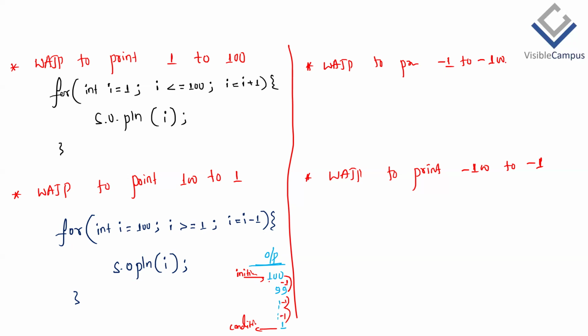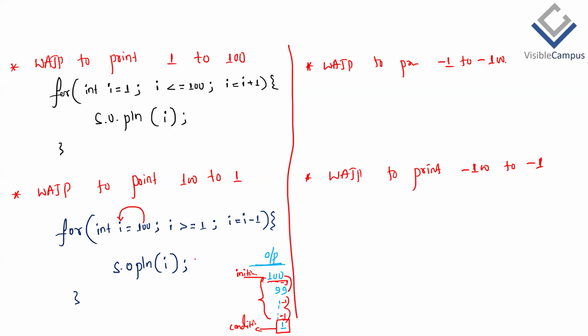So what is the initialization? 100 has to be assigned to one variable called i, because it's an integer type of output. Then the condition: when we compare with 1, the remaining values are bigger or smaller? All remaining values are bigger.